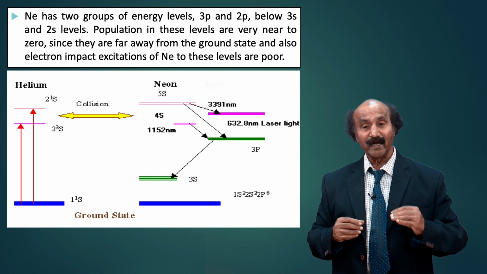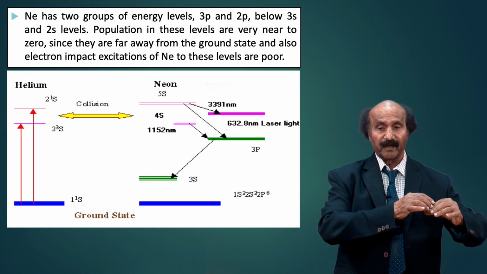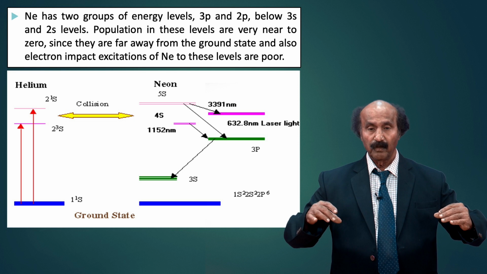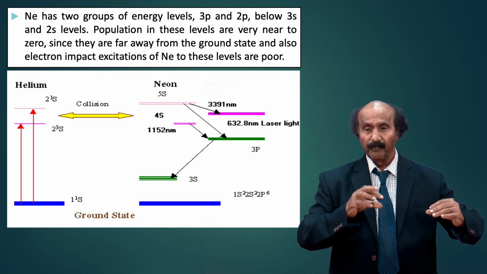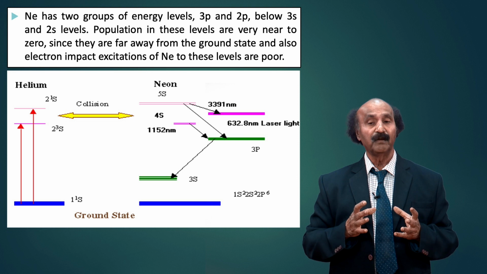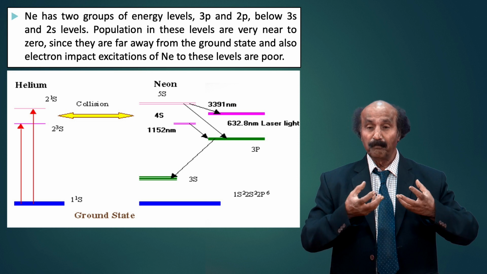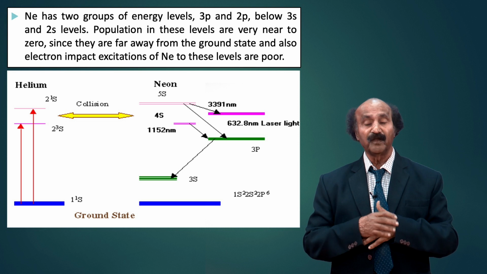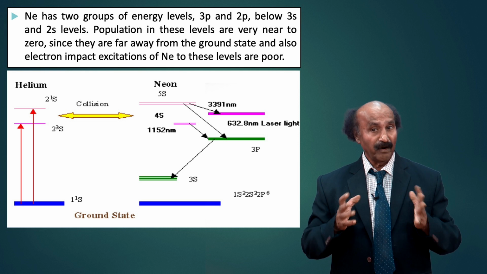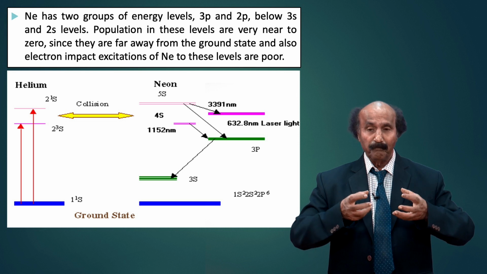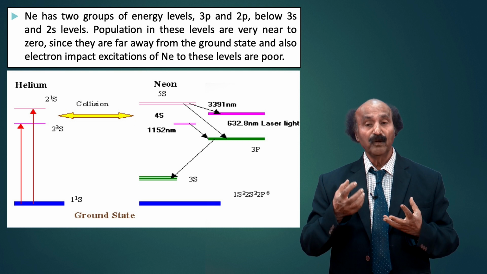You apply a magnetic field all along the helium-neon laser tube, and the magnetic field will produce an expansion, or it will broaden the line width of the 3391 nanometer line. When it broadens, when it has a big bandwidth, it will lose the gain.